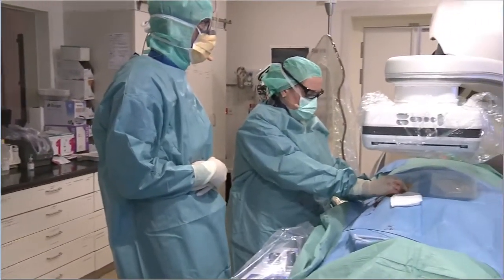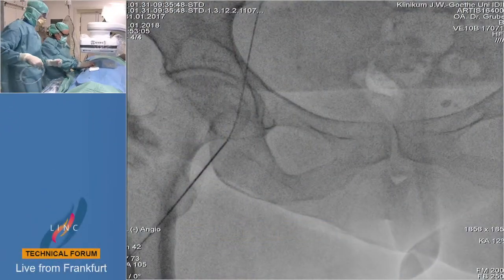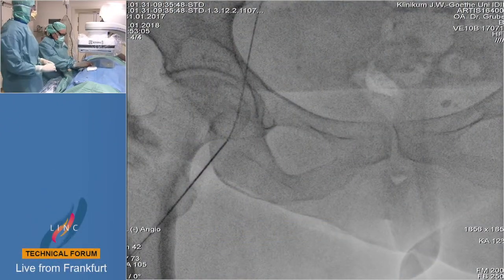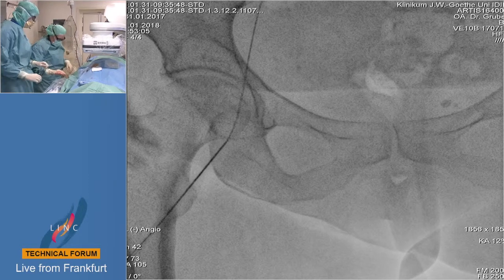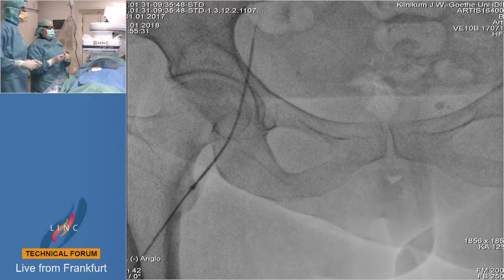So we're beginning. We are going to place a sidewinder catheter.